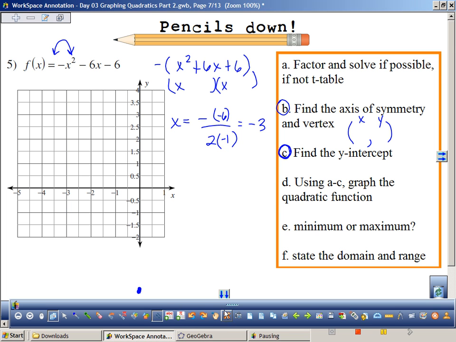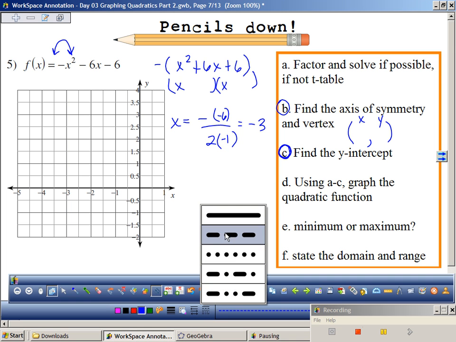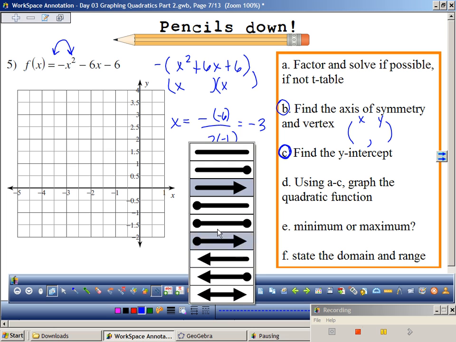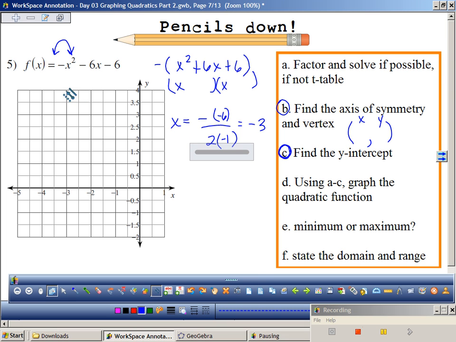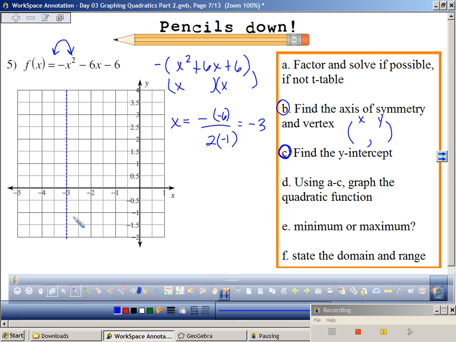Uh-oh, it shouldn't have an arrow on it. Okay. Now, I found where I go over on x. How do I find where I go up or down? Oh, what am I doing? Plug it in.